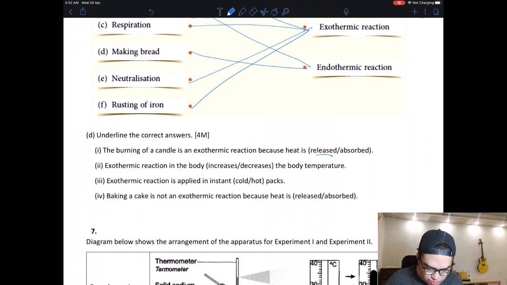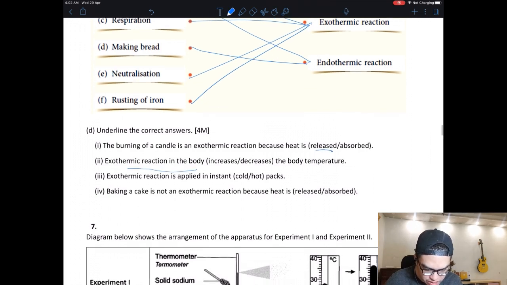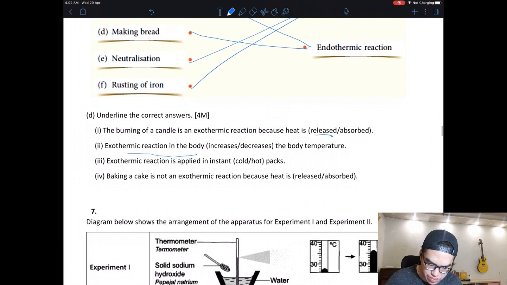Exothermic in the body increases body temperature. Exothermic. You're releasing heat. Now this is where it gets confused. Is it releasing to the surrounding? No, it's happening in the body. I'm not releasing to the surrounding.